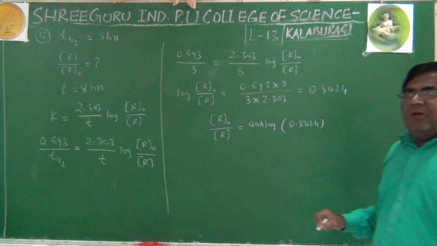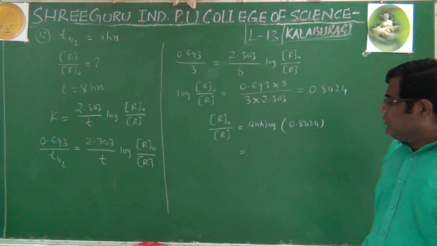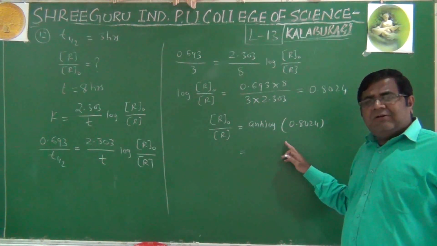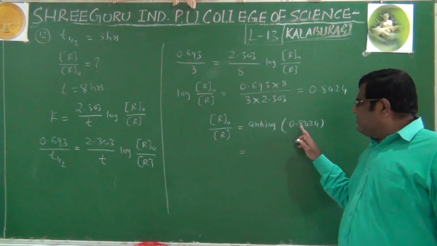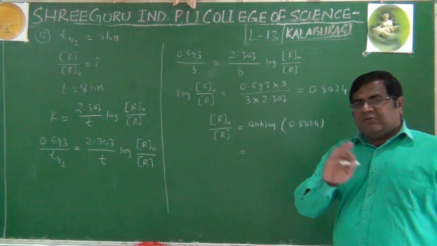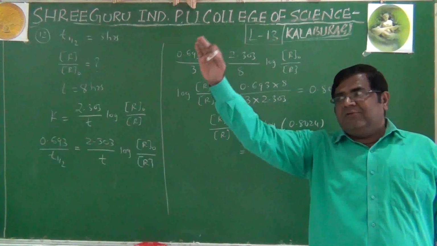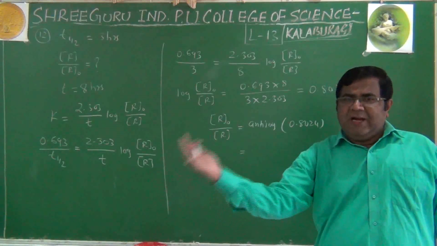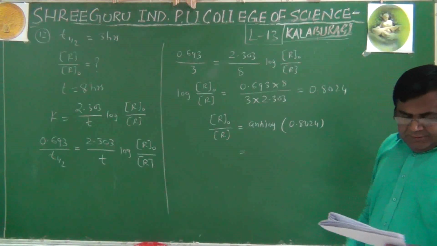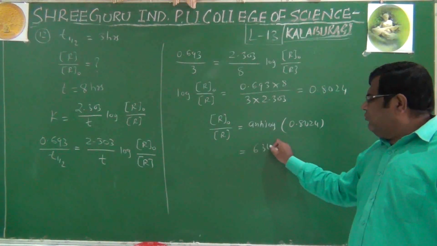0.8024. And the antilog of this, if you look into the log table, into the antilog columns, the 0.80 you have to see in the column, and you have to see in mean difference 4, and you add that mean difference to the 4 digits you are getting, you will get these 4 digits, 6345.